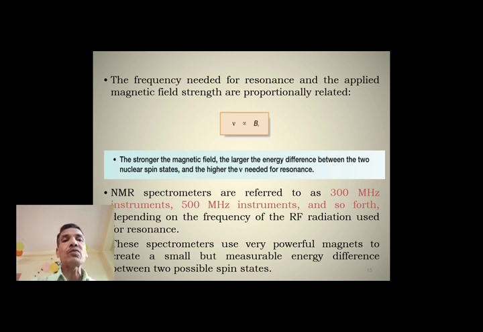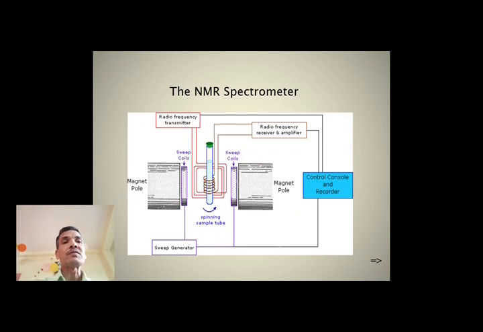In NMR spectrophotometers, they are referred to as 300 MHz, 500 MHz instruments, and so forth, depending on the frequency of the RF radiation used for resonance. These spectrometers use very powerful magnets to generate a small but measurable energy difference between two possible spin states.